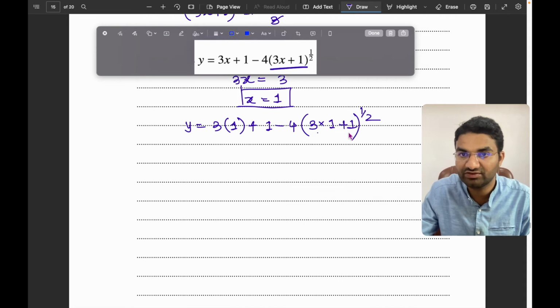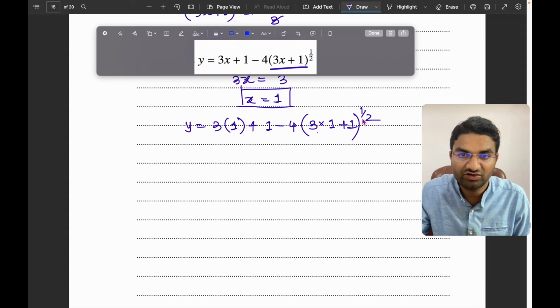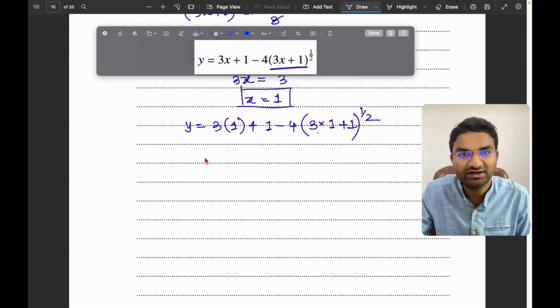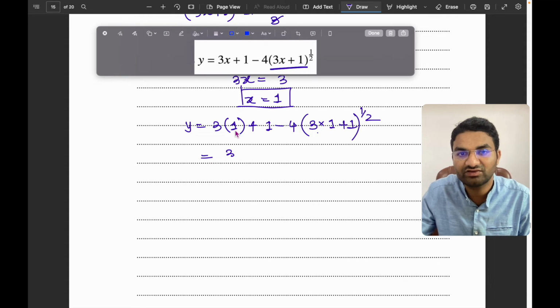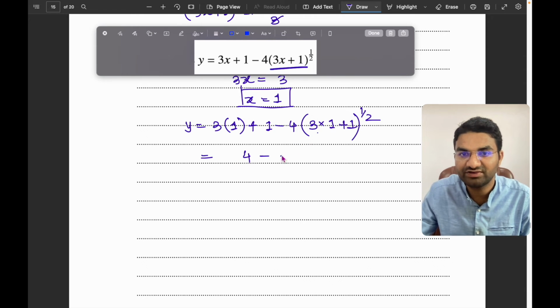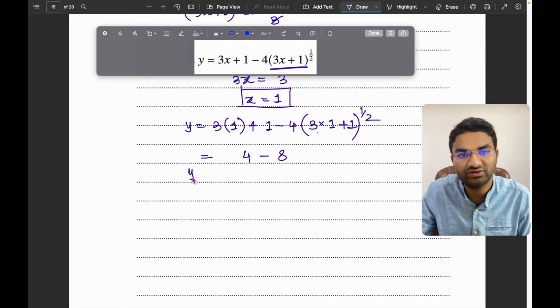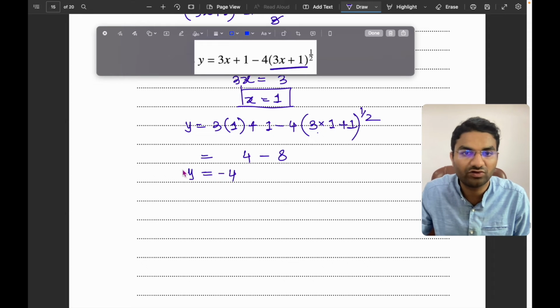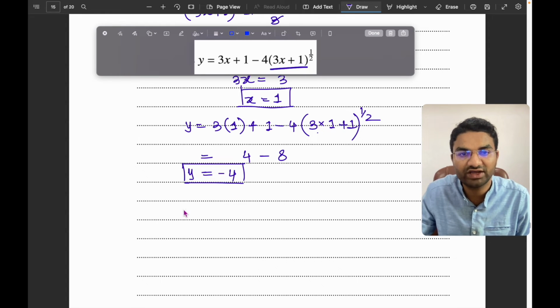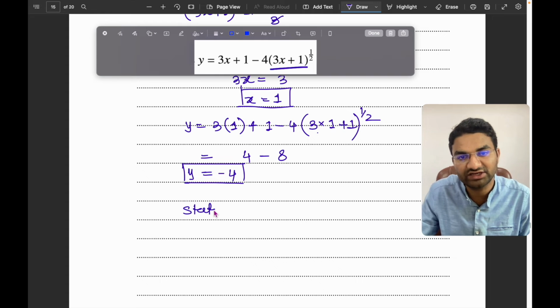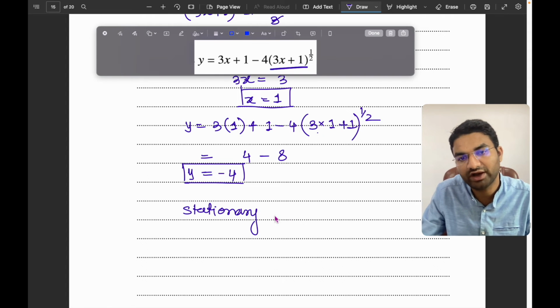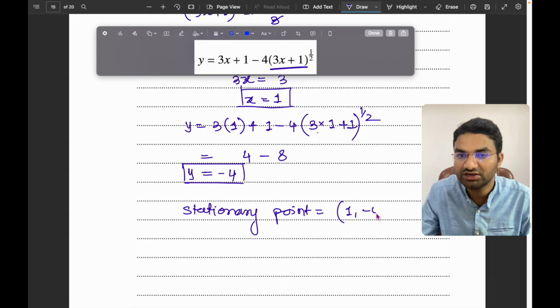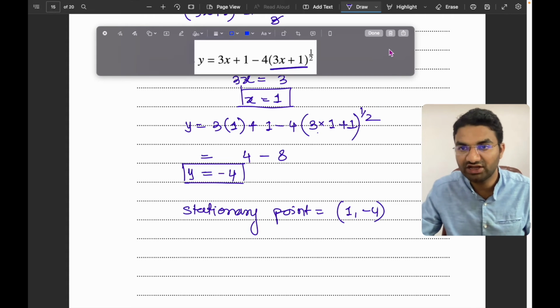So 3 plus 1 is 4, the square root of 4 is 2, and 4 minus 4 times 2, which is 8. So you will get y is equal to negative 4. That means your stationary point is 1 comma negative 4.